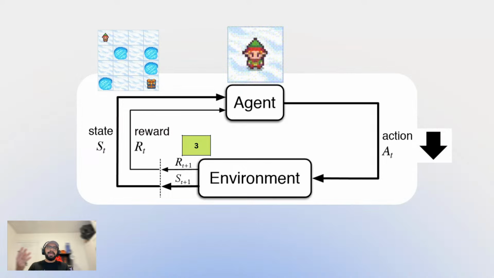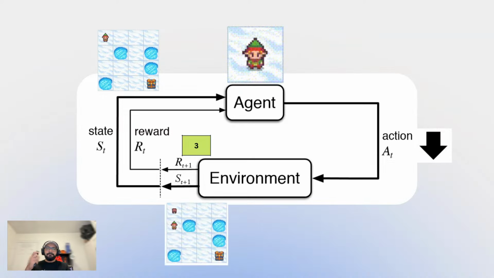This is the reaction that the environment has to the move that the agent took. And then the state is updated as a result, and that's fed back in to the agent to say, okay, what are you going to do next time? You took this move. This is the current state. This is the reward that you got. Now tell me what you're going to do next. And you keep on going in this cycle until the agent wins.